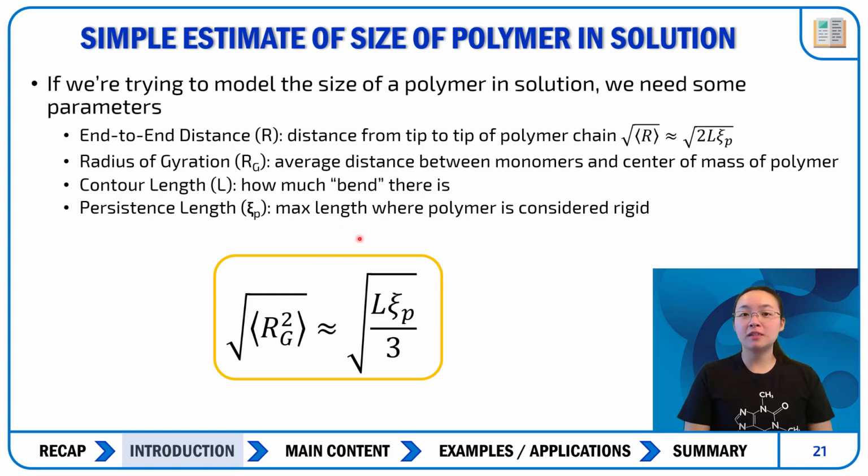So what that means is, because we're looking at the molecular scale, there's something called a persistence length, where if you're zooming in far enough, so let's say you have 20 nanometers, there's going to be some sort of bend.